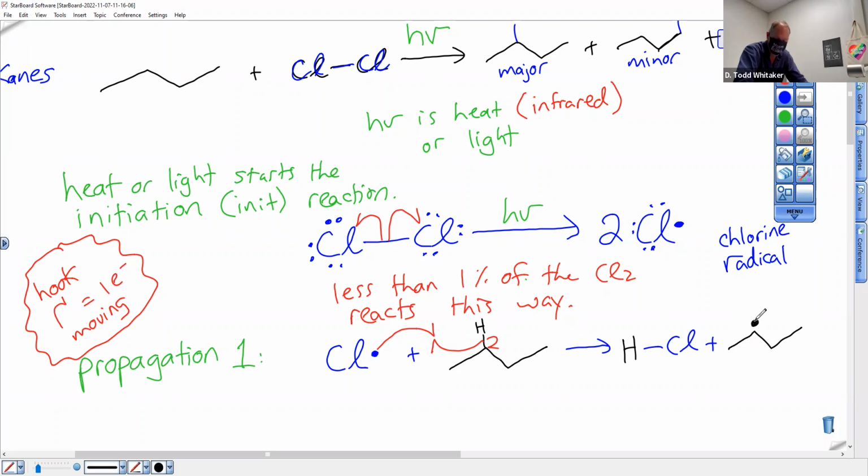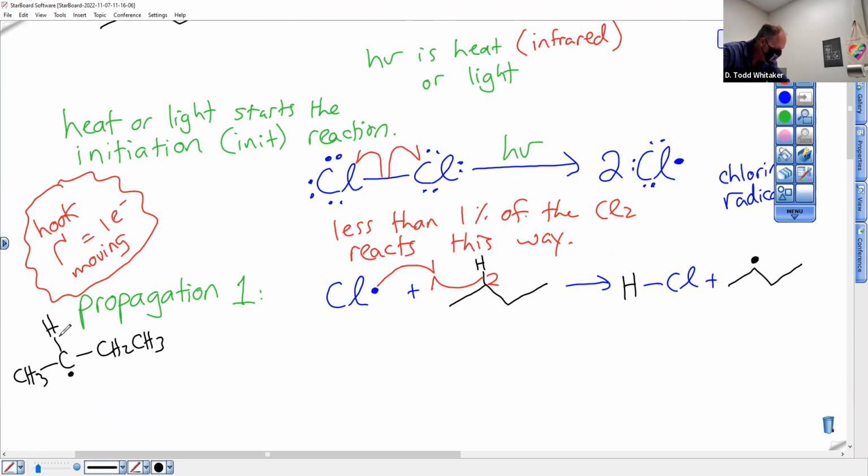It has no formal charge. If you want to do a little look-see at the carbon radical, it's a C that has an H, a CH2, CH3, and a CH3 and a dot. Do the formal charge calculation for me. It owns half of that, half of that, half of that. That's 3.